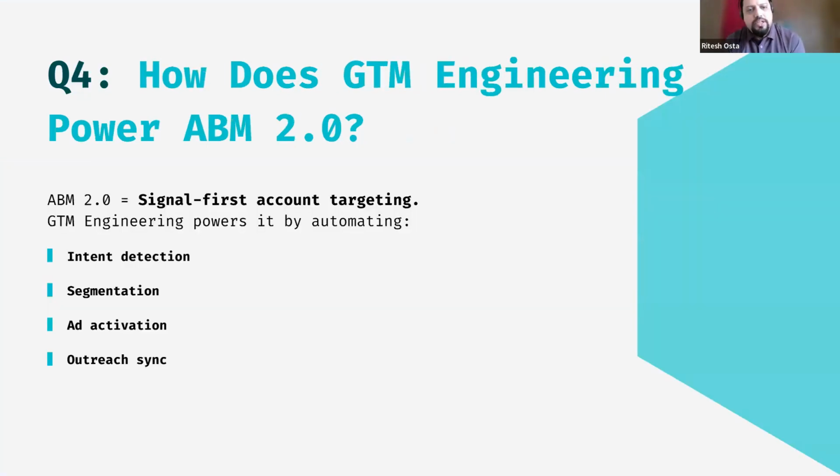How does GTM engineering power ABM 2.0? Now we move from GTM engineering to ABM, account-based marketing. And GTM engineering is playing a very important role in ABM, right? So I started my career in ABM in 2013, 14.